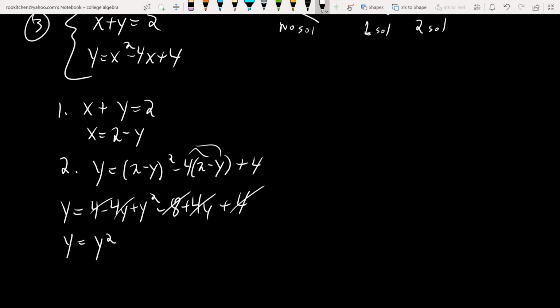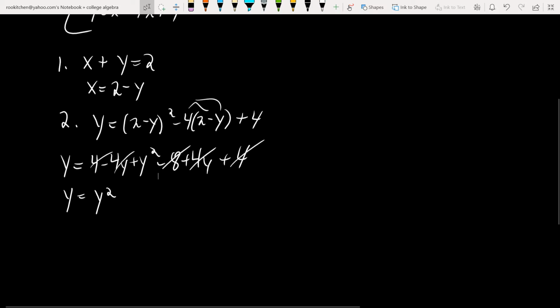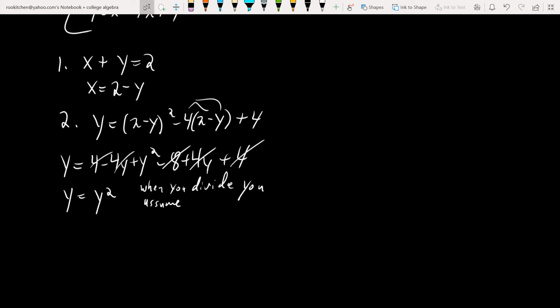Do not divide. If you divide, you are potentially losing a solution. When you divide, you assume y is not equal to 0. And you know what happens when you assume things, right? So don't divide. So much to remember.